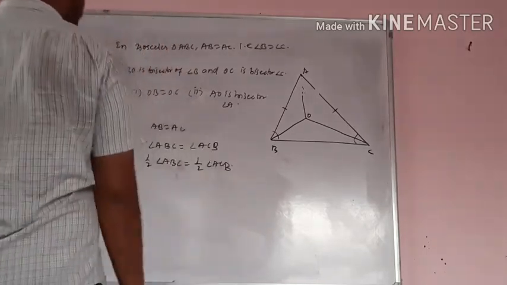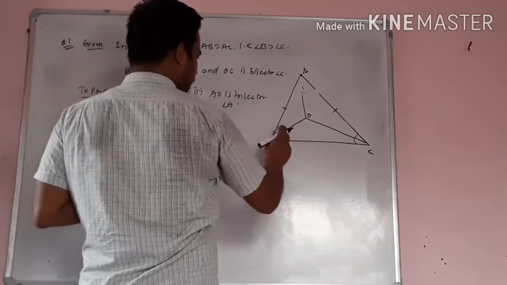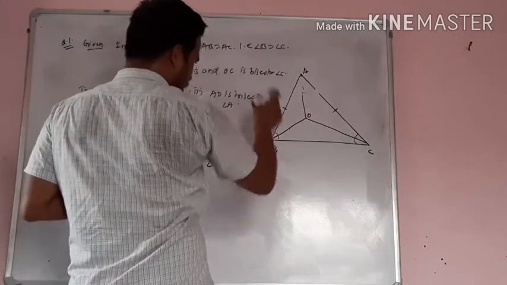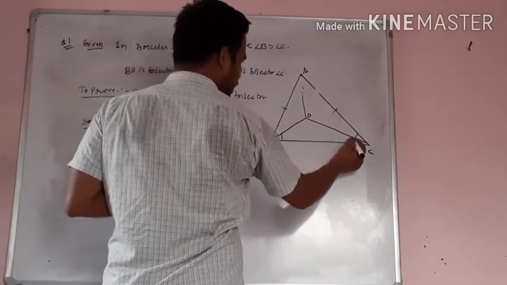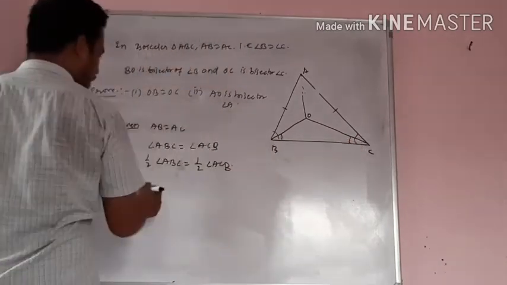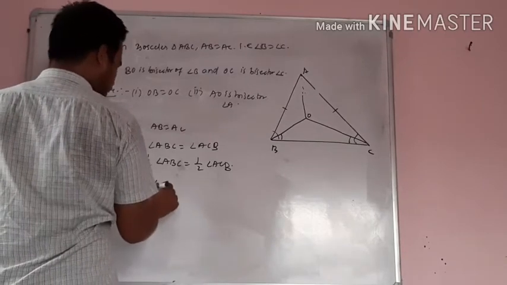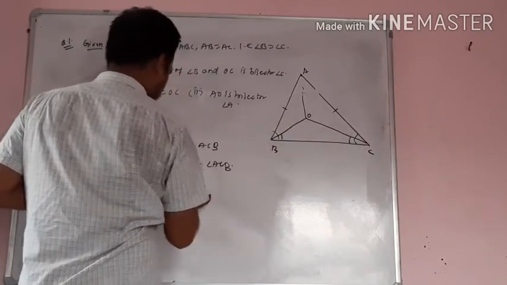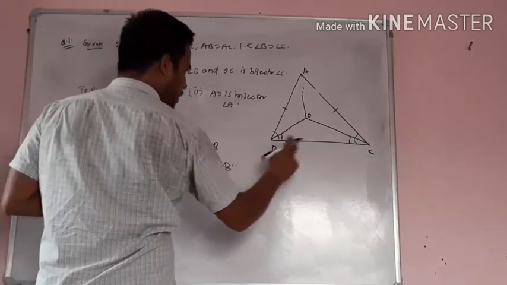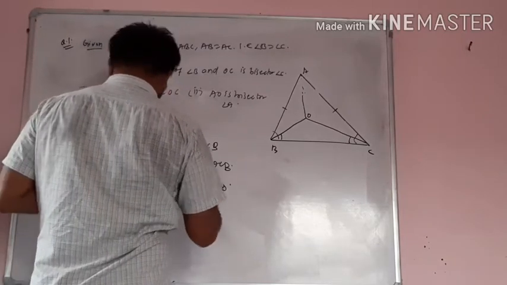And see, half of angle ABC will be this and half of angle C will be this. So what we will have? We will have angle CBO equals to angle BCO.